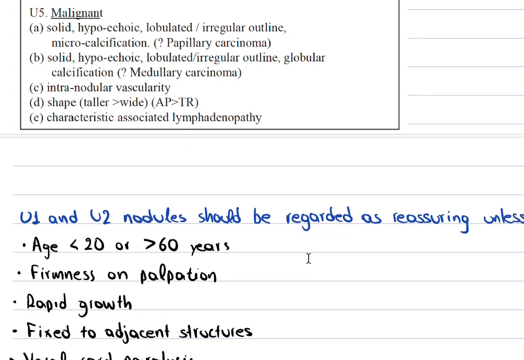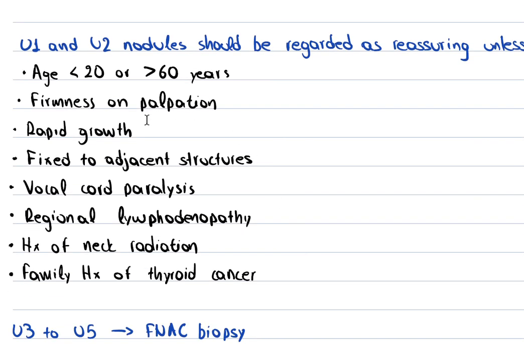And finally, U1 and U2 nodules should be regarded as reassuring unless the age is less than 20 or more than 60. So if the patient does not qualify this criteria, then these nodules are usually suspicious, and we should go ahead with repeating ultrasound or biopsy. So they should be considered reassuring unless the age is less than 20 or more than 60 years.